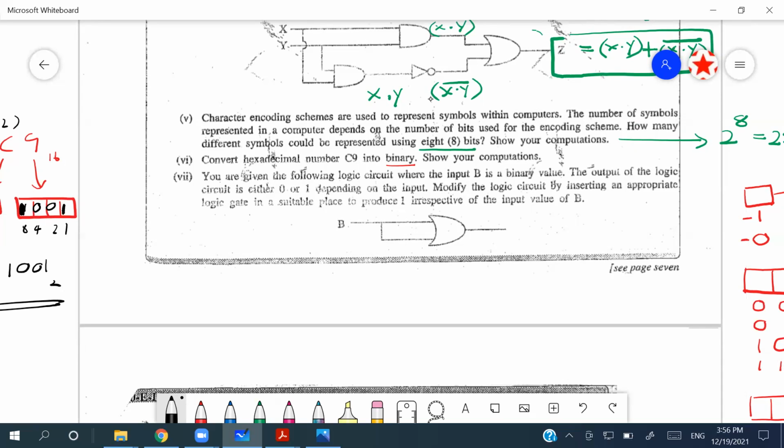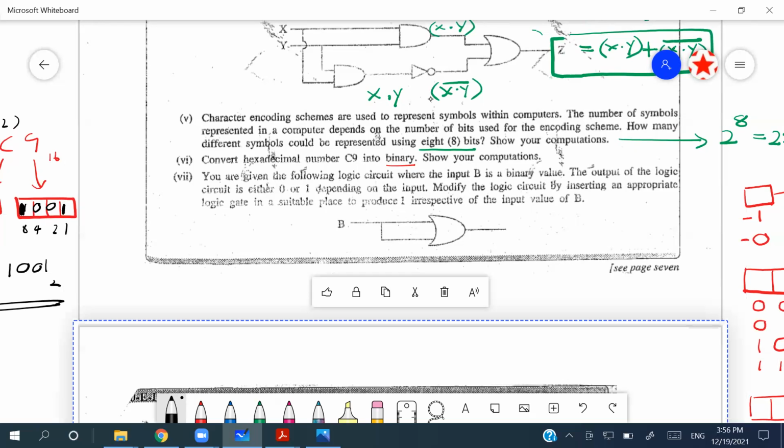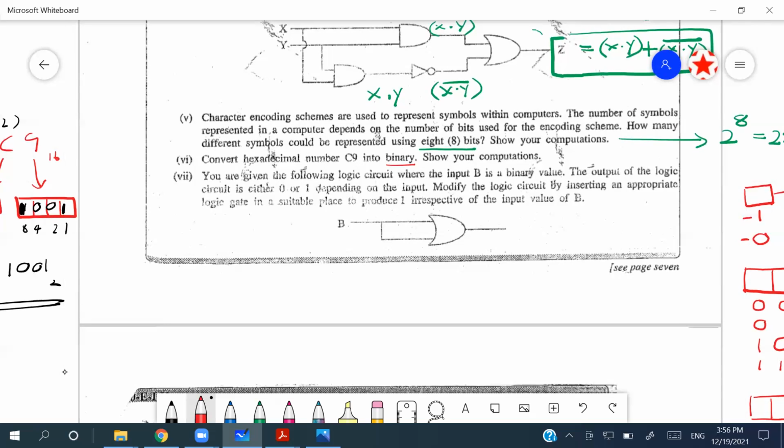So for the moment, the situation is, if you put 0 over here, 0 comes here, 0 comes here, 0 plus 0 equals 0. If you put 1, 1 comes here, 1 comes here, 1 plus 1 is 1.